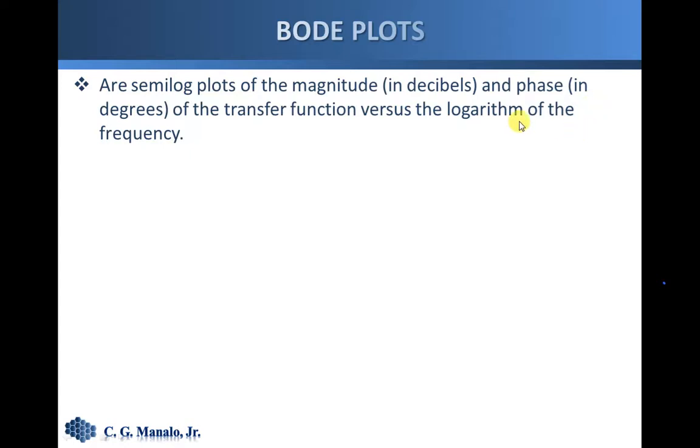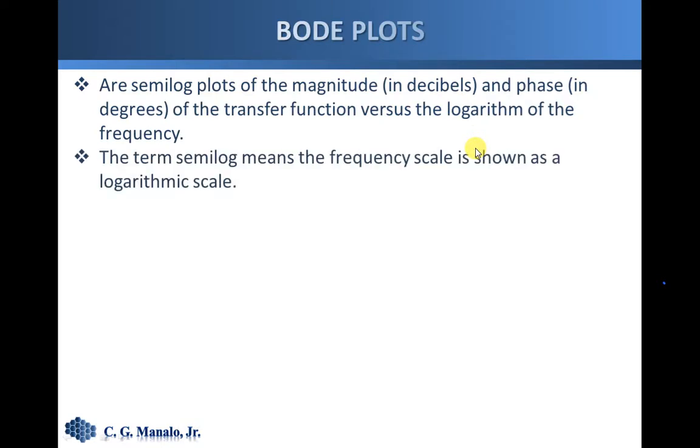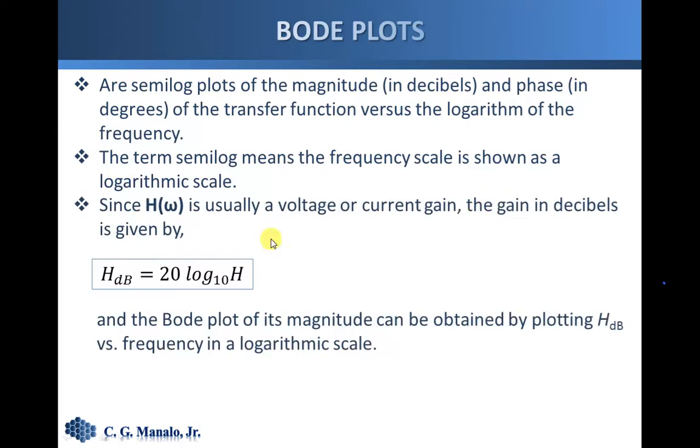In addition to that, the magnitude is taken not as its normal value, but in terms of decibels. So we show the magnitude in decibels: we get the log of H and multiply it by 20, and then plot this on a semi-log scale.